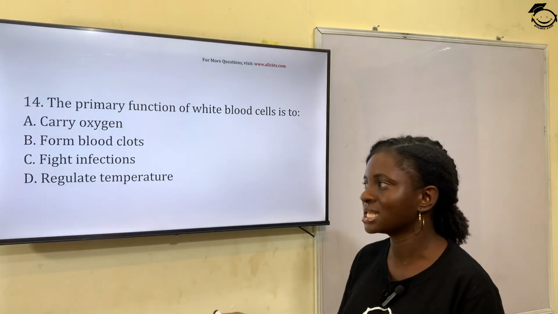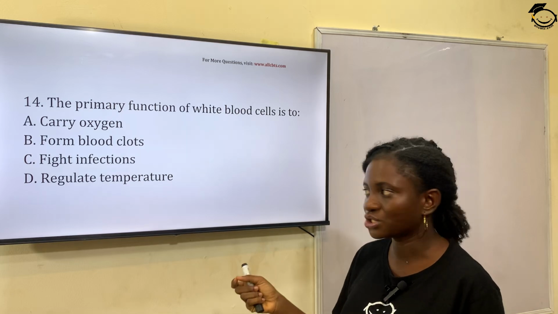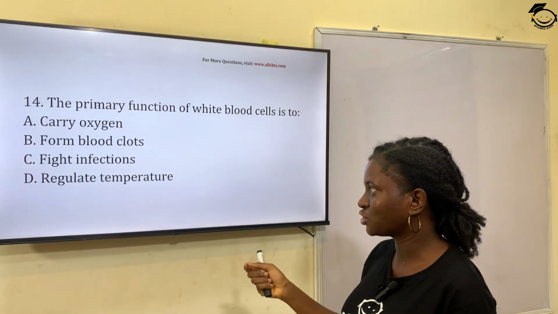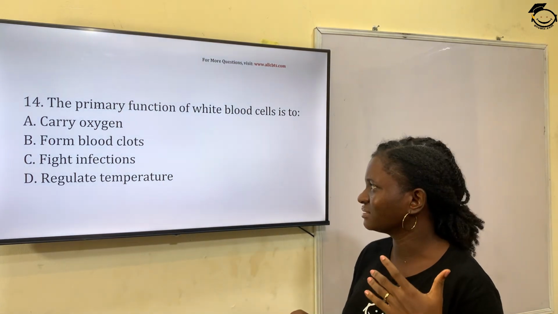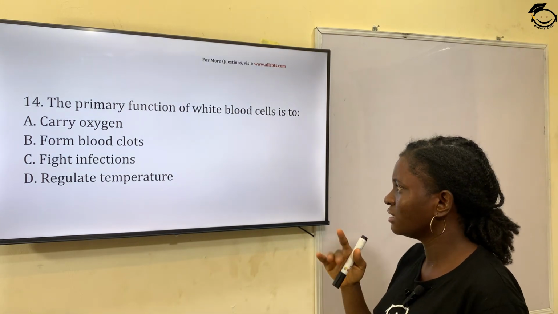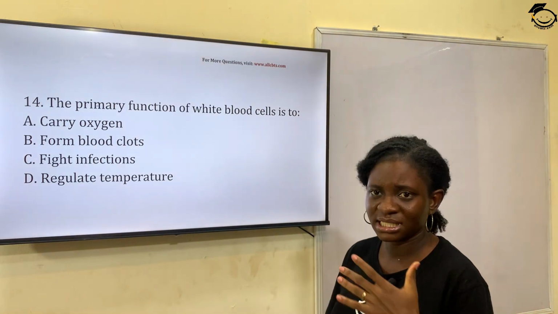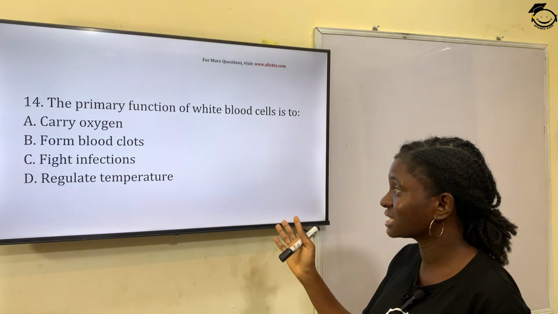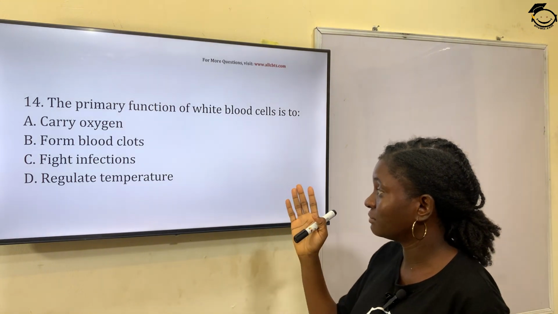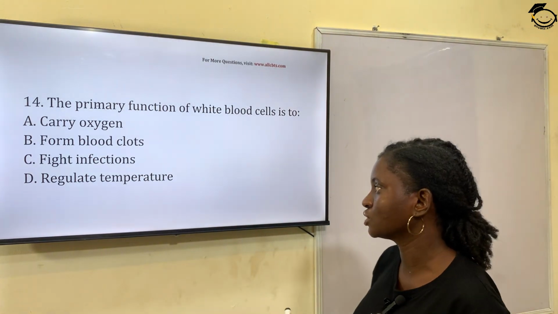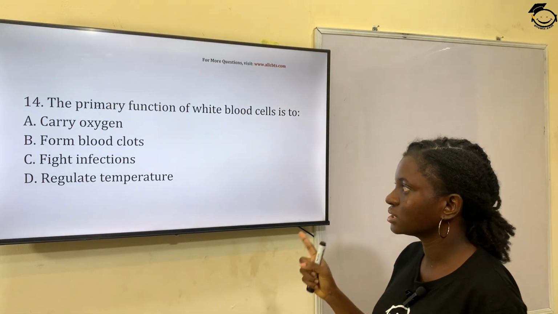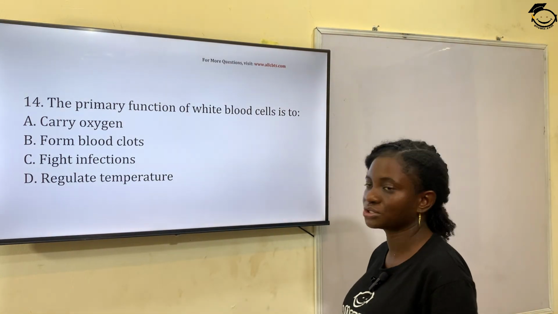So they fight. The correct answer is fight infection. Carrying oxygen is done by red blood cells. Platelets are involved in forming blood clots. So fight infection is the correct answer.